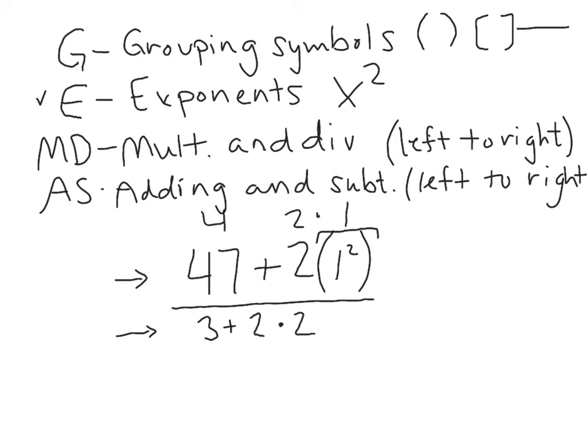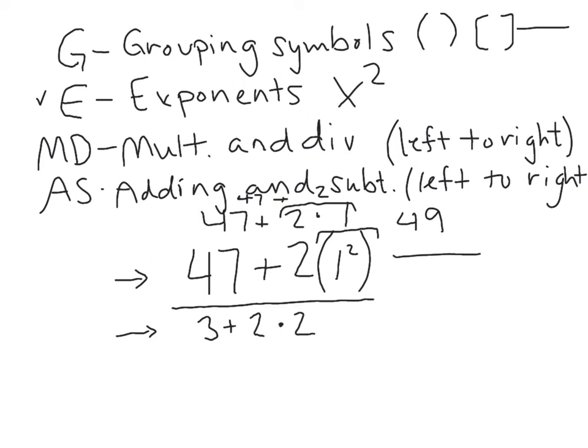And then I'm going to bring the rest of my problem up. Now I'm going to check for multiplying. So I multiply the 2 times the 1, that gives me 2. And I'm going to bring up the rest of my problem, 47 plus 2. Now I only have that one operation left, and I'm running out of room. So 47 plus 2 is 49. So I have 49 on the top of my fraction bar.